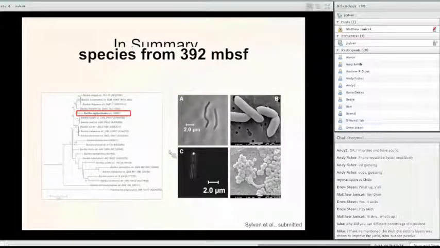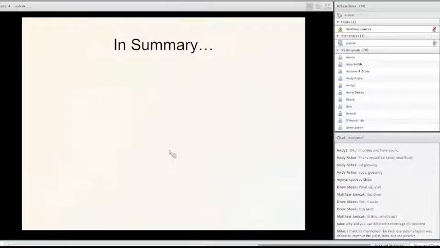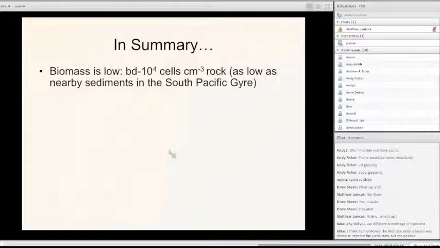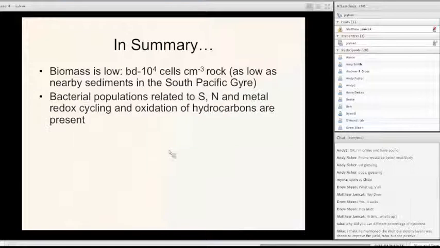And so to summarize, what I found from these samples, looking at old ocean crust, 65 to 75 million year old crust, is that there's low biomass, from below detection to up to about 10 to the fourth cells per cubic centimeter of rock, which is as low as nearby sediments in the South Pacific Gyre.